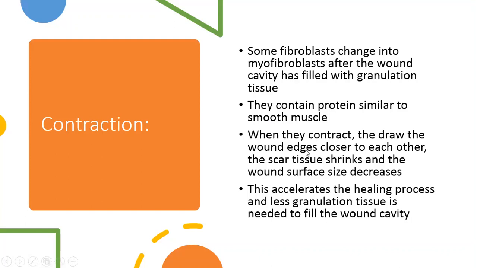When they contract, they draw the wound edges closer to each other, and the scar tissue shrinks and the wound surface size decreases. So this accelerates the healing process, and less granulation tissue is needed to fill the wound cavity. So as this hole gets filled up with granulation tissue, the myofibroblast contracts the edges to make the area smaller so that the wound healing can occur quicker.